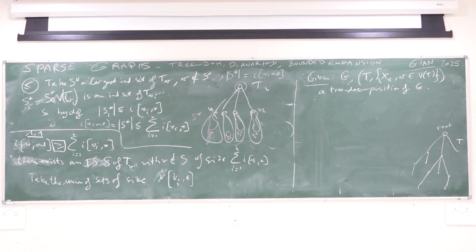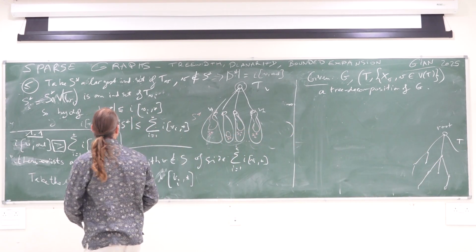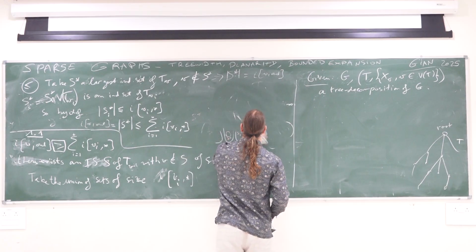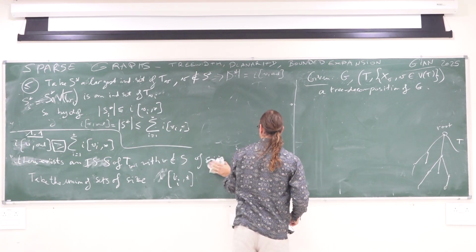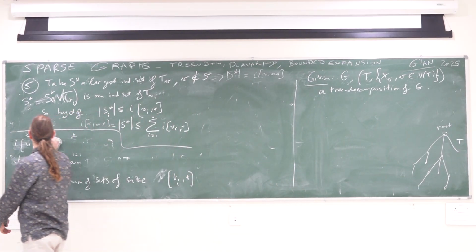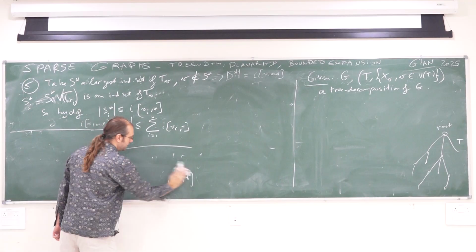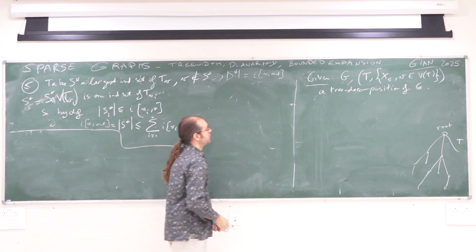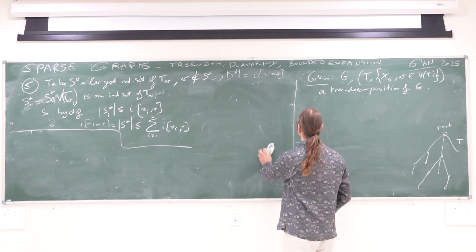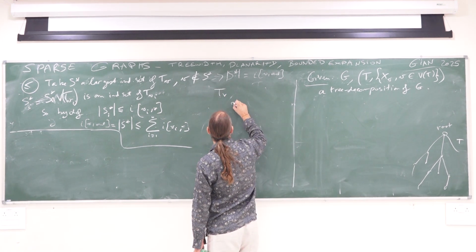I need the notations first. So as before, TV for node V will be the subtree rooted at V.